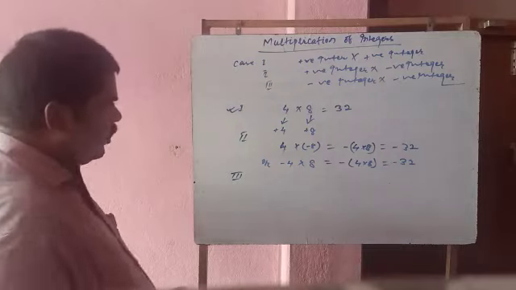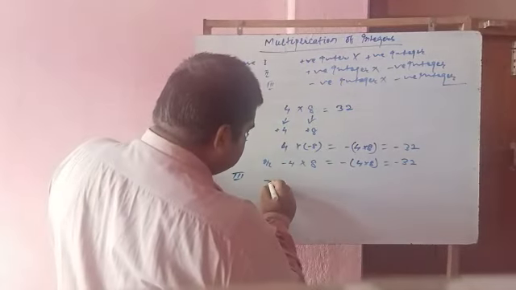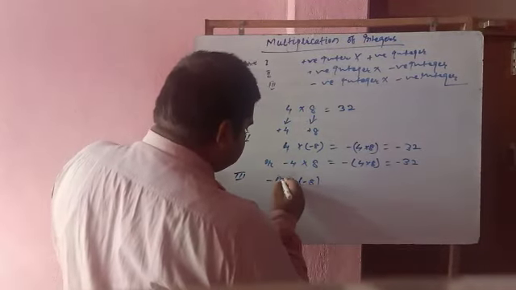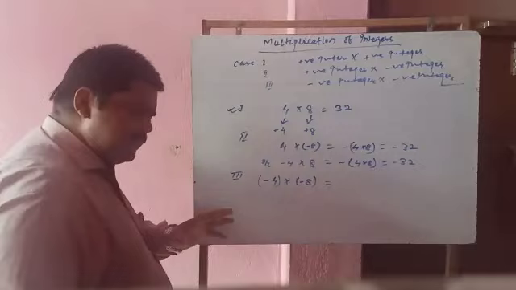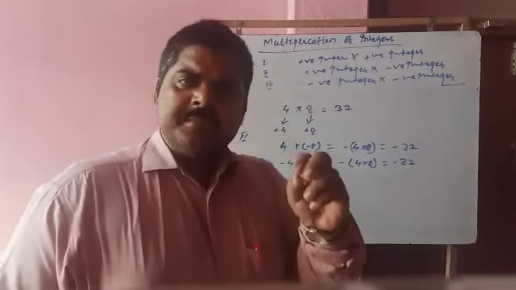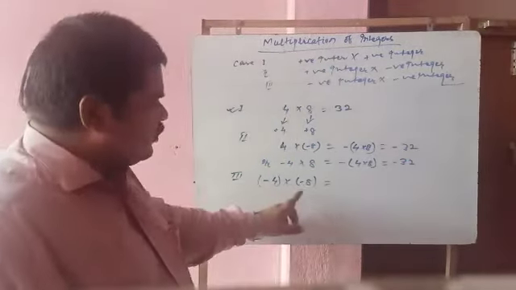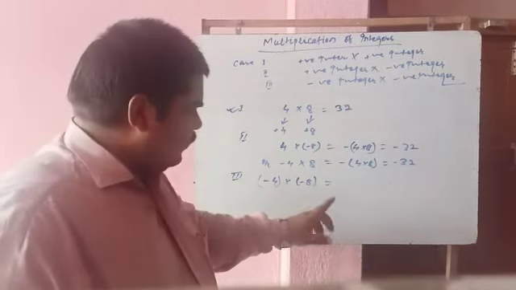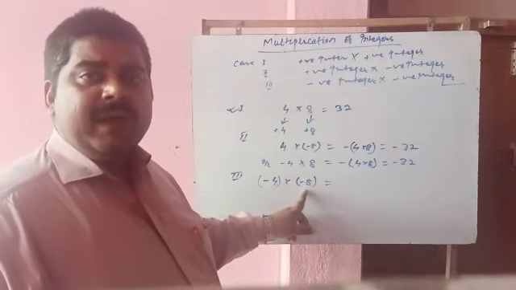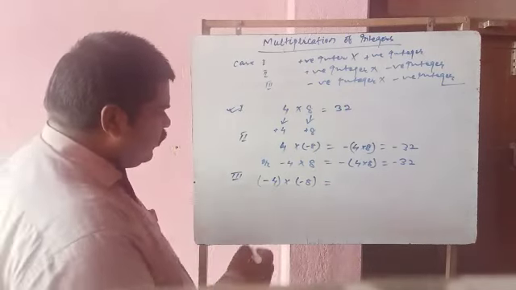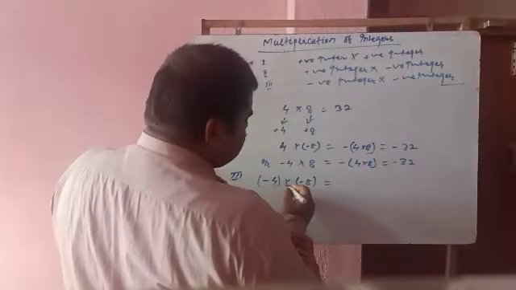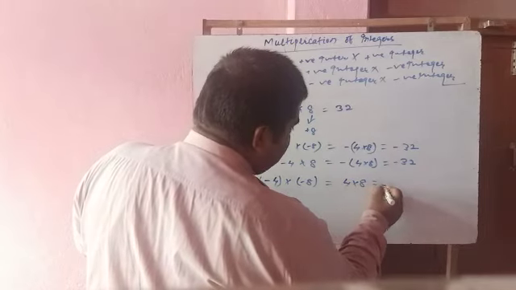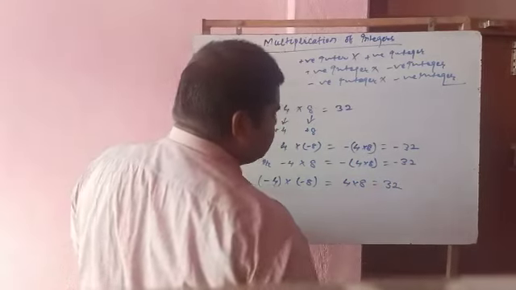In case three, both are negative integers, minus 4 multiplied by minus 8. You find the product of the absolute values of these two negative integers. The absolute value of minus 4 is 4 and of minus 8 is 8, so 4 into 8, and the final answer is 32.